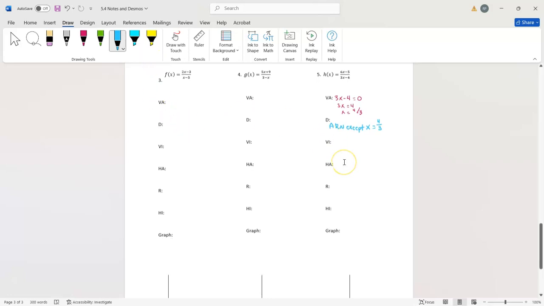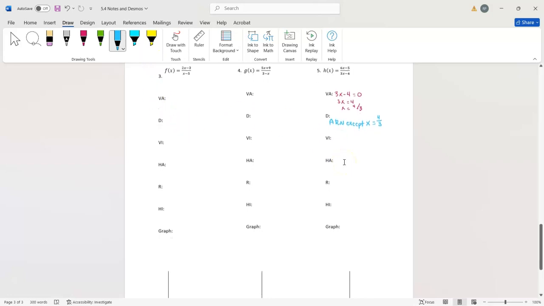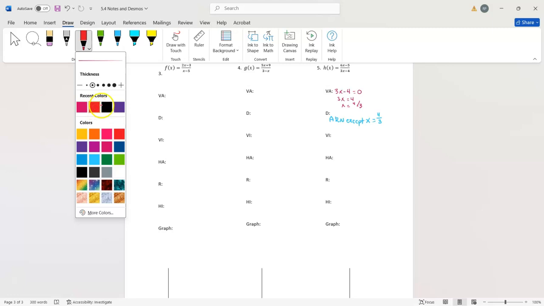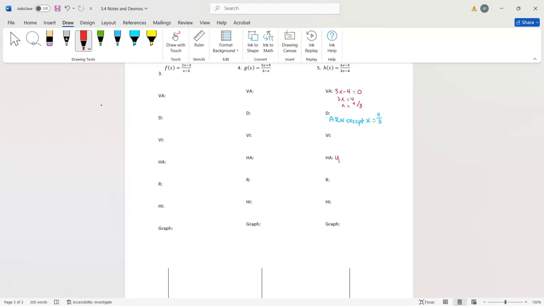My vertical intercept, I'm going to wait and have Desmos give us that information. For my horizontal asymptote, I know that that is going to be the constant rate of change of the numerator. In this case, it's 6. So y equals 6 over the constant rate of change of the denominator, which is 3.